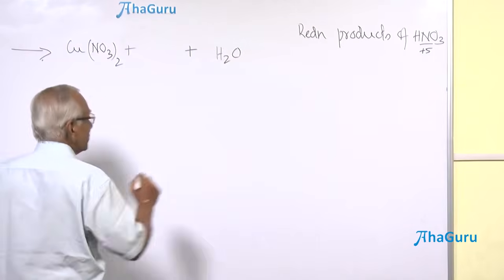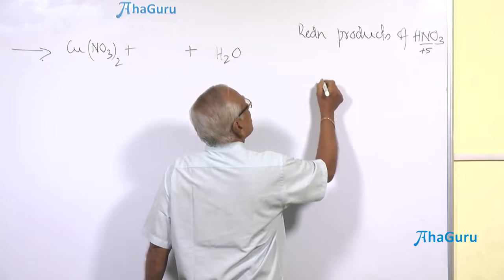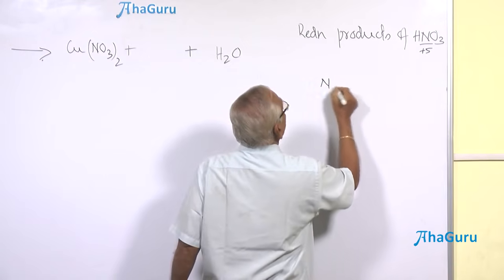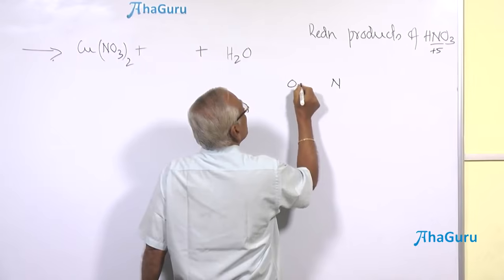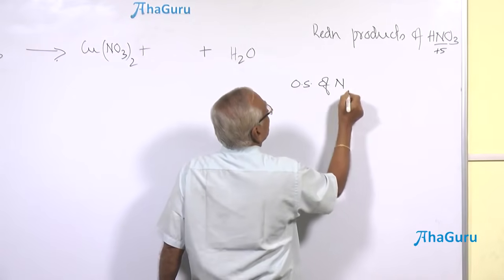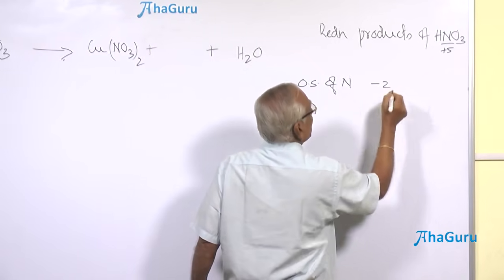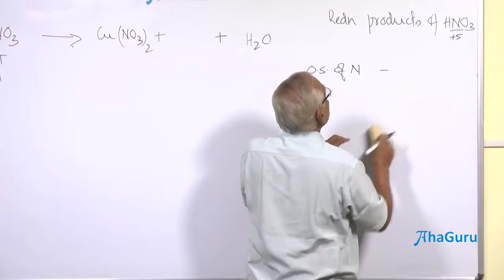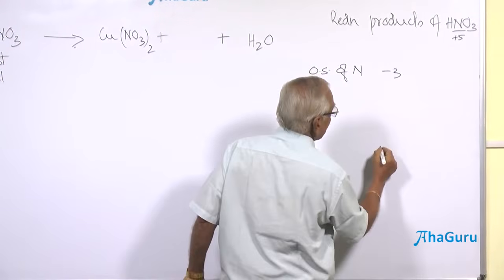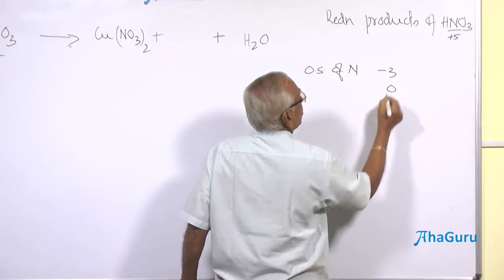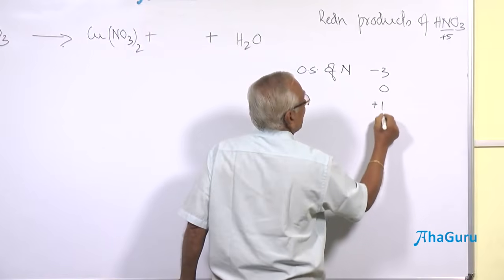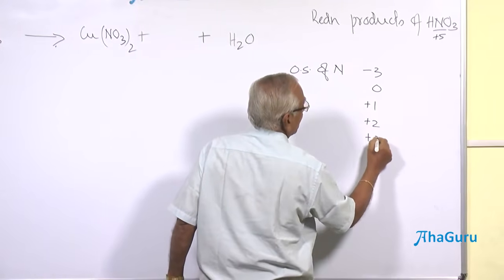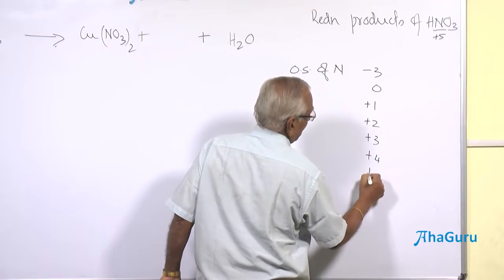Nitrogen, I told you, what are the various oxidation states of nitrogen? Oxidation state of nitrogen, the least one is going to be minus 3, and it could be 0, it could be plus 1, plus 2, plus 3, plus 4.